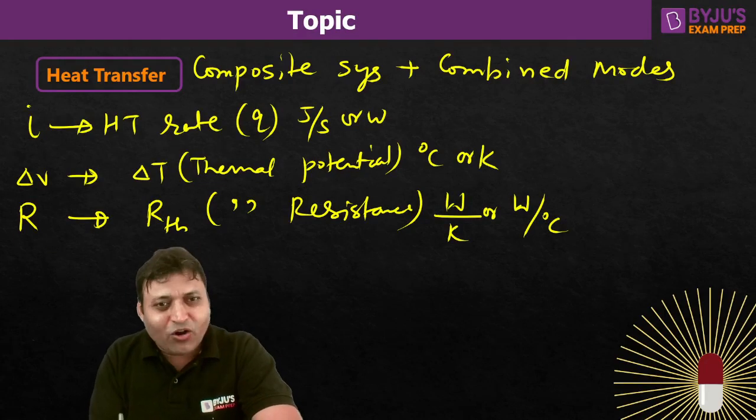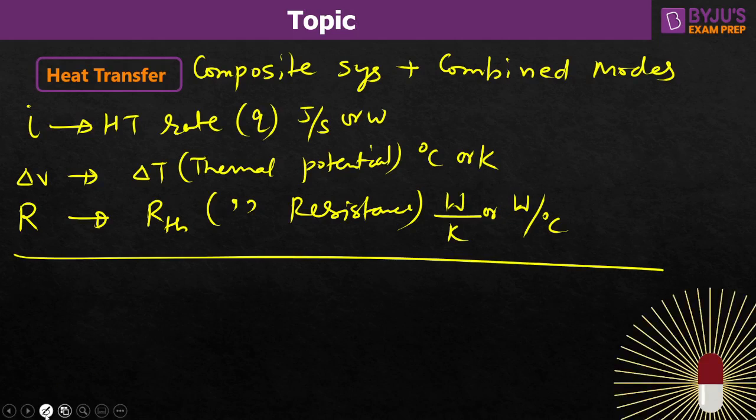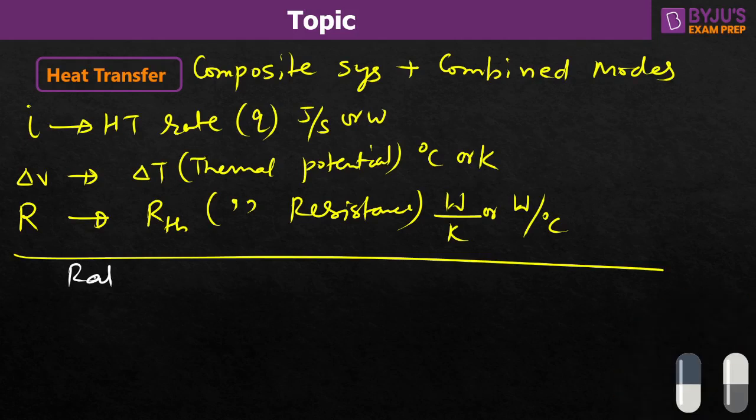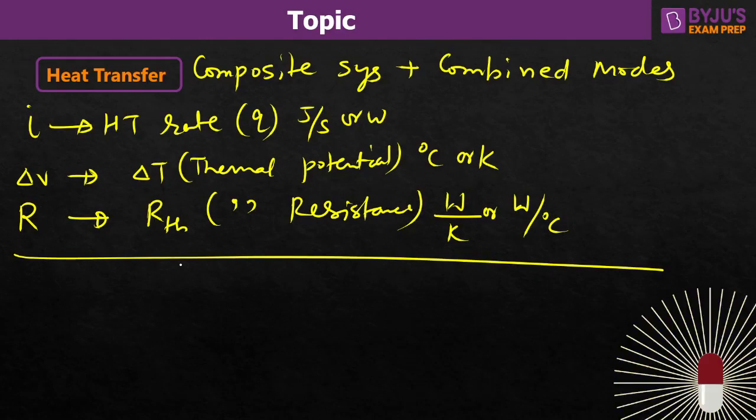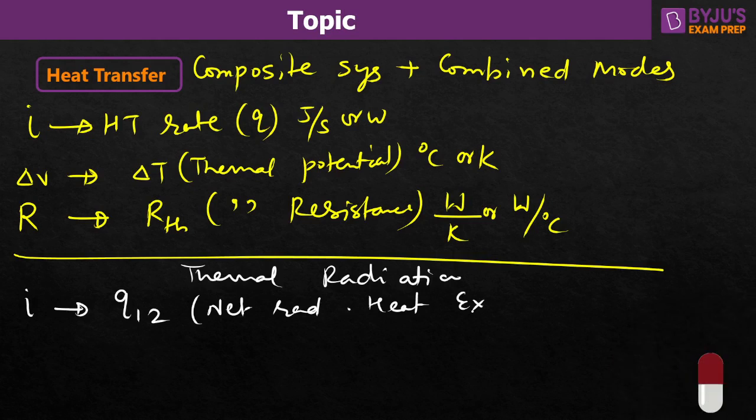And for radiation also, for all the modes of heat transfer, specifically for radiation, we also use the circuit diagram, thermal radiation. When we talk about thermal radiation exchange, I will be replaced by Q1-2, net radiation heat exchange between surfaces.